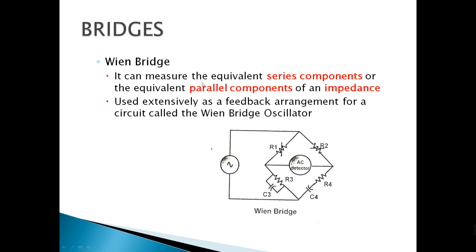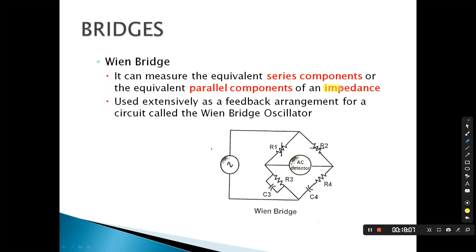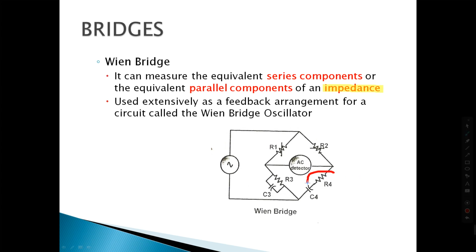It measures the equivalent series components or the equivalent parallel components of the impedance. Of course, it is used in our Wien bridge oscillator, and we call this circuit the series and the parallel RC. We call this the lead lag circuit.